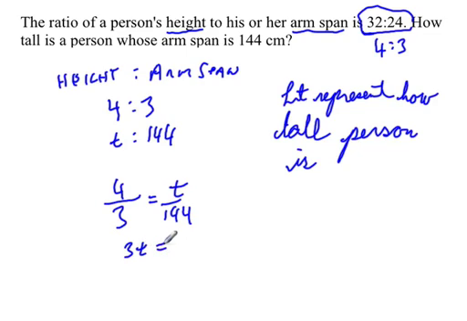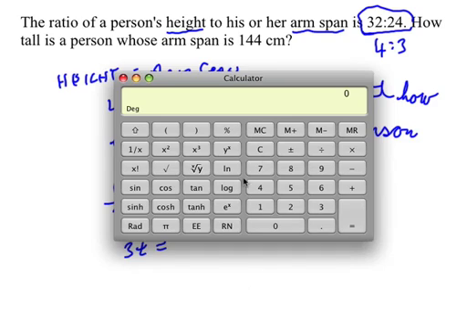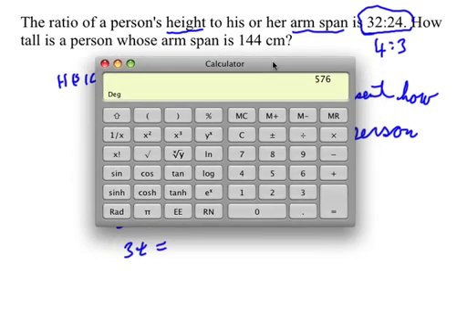So 3 times T when we cross multiply, and we've got to go 4 times 144, and 4 times 144 is 576.